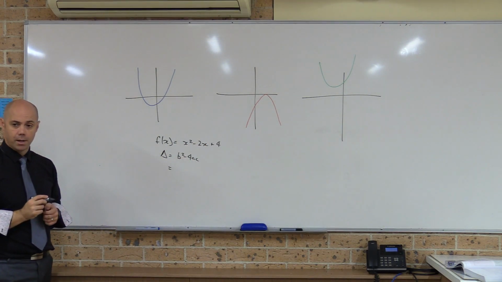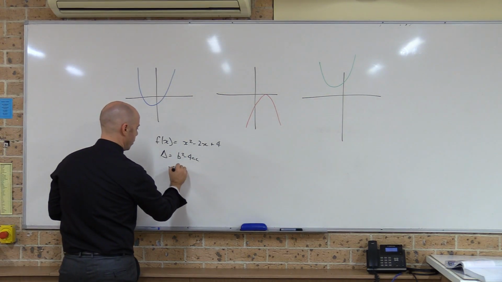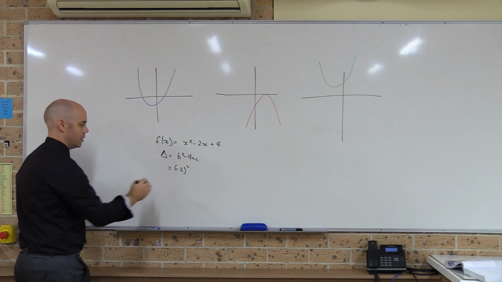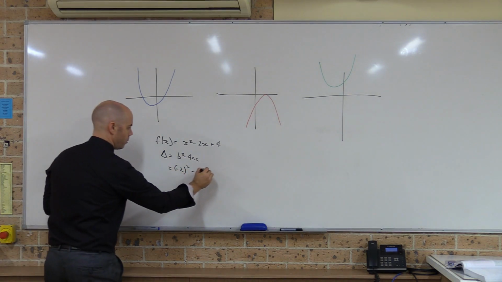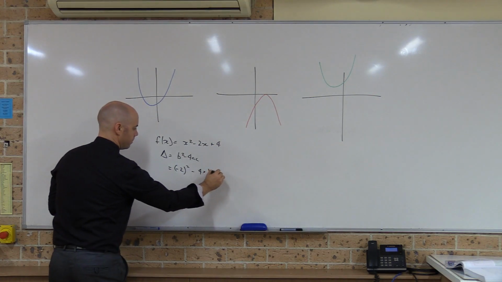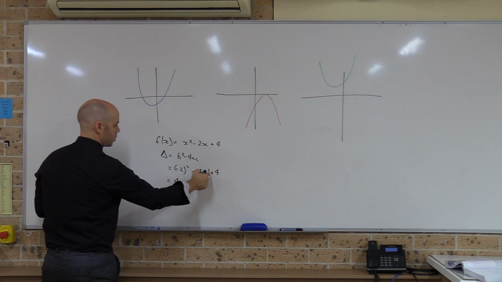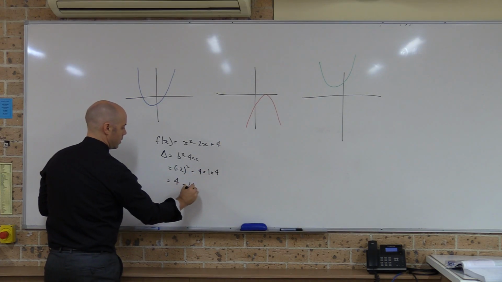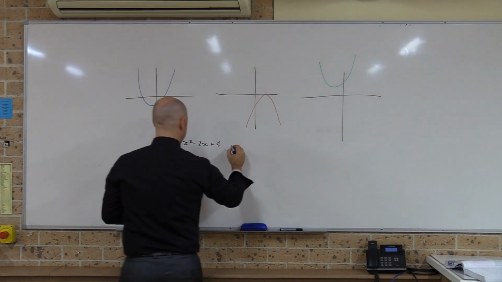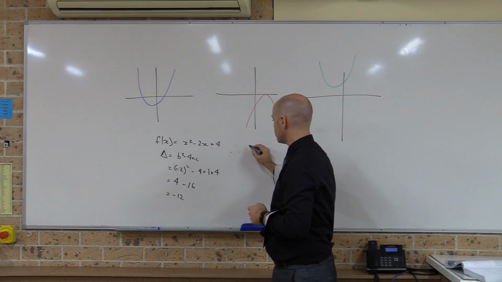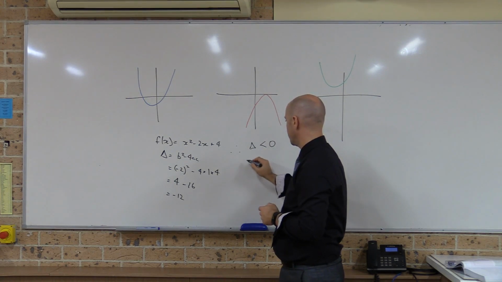And so what is b in this? Negative 2. So negative 2 squared minus 4 times what's a? 1. What's c? 4. Okay? Negative 2 squared is positive 4. 4 times 1 times 4 is 16. 4 minus 16 equals negative 12. So therefore the discriminant is less than 0.